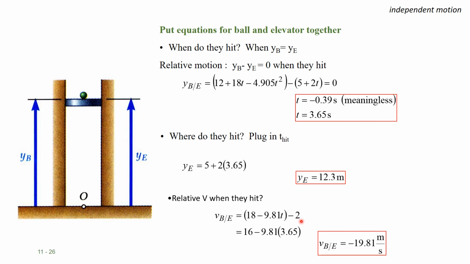It's not changing around. So we have a relative velocity, ball minus the elevator, plug in the time. From the elevator's point of view, it looks like the ball is coming down and it slams into that elevator at negative 19.8 meters per second. So this is from the elevator's point of view, that relative velocity.